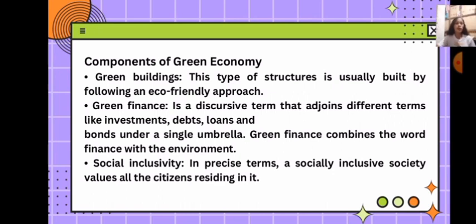So the third component is social inclusivity. In precise terms, a socially inclusive society values all the citizens residing in it. So when we say inclusive, it means that it is not only for the people that are part of that certain community, but it is open to everyone that is part of that community.